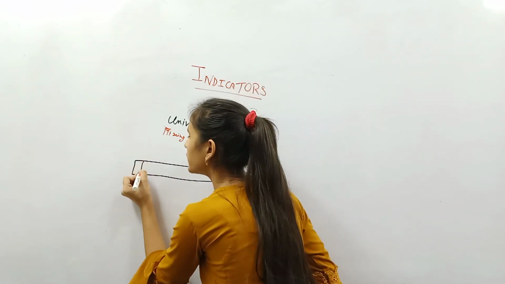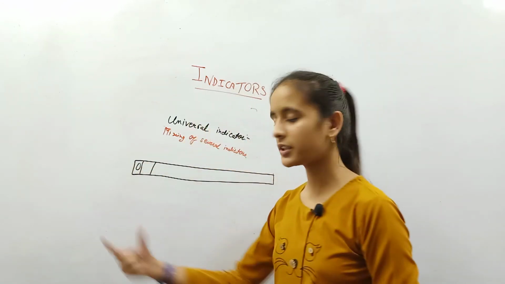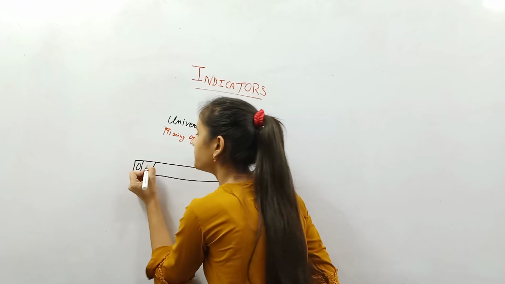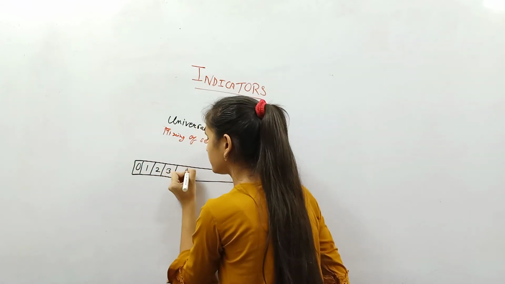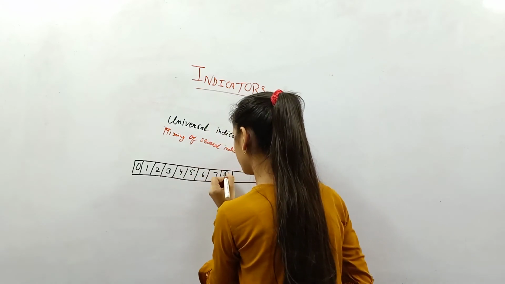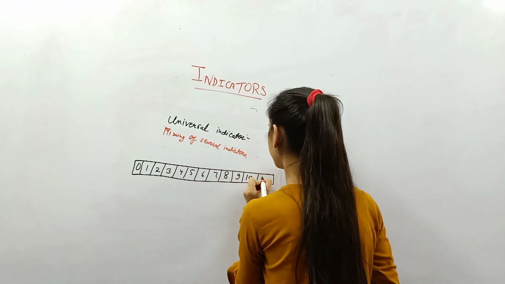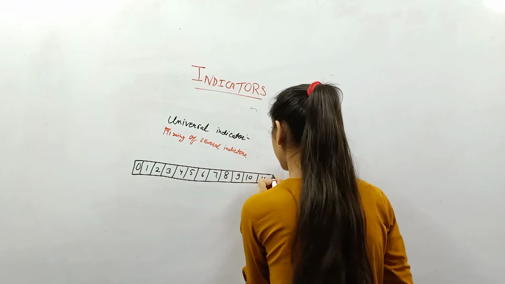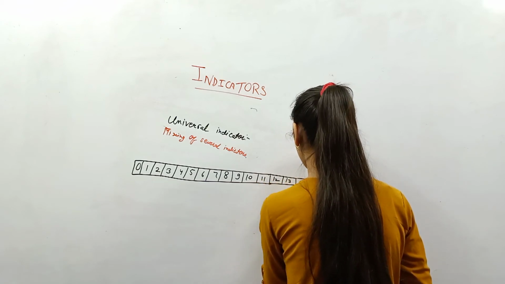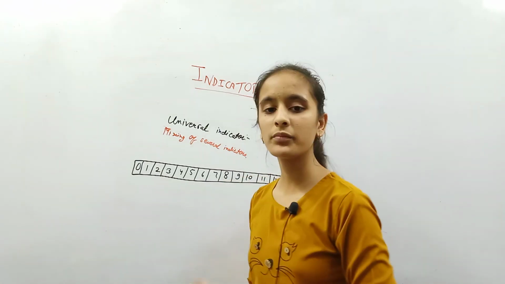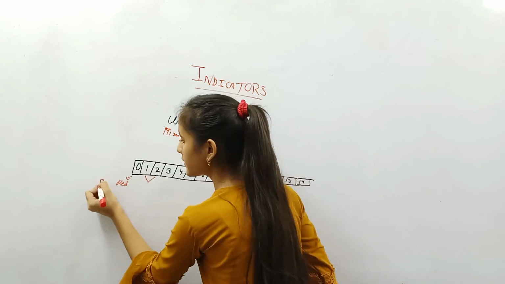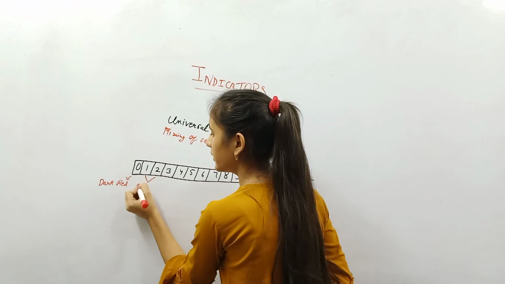We already know that pH has numbers from 0 to 14. From 0 it is dark red. 1 and 2 are red in color.